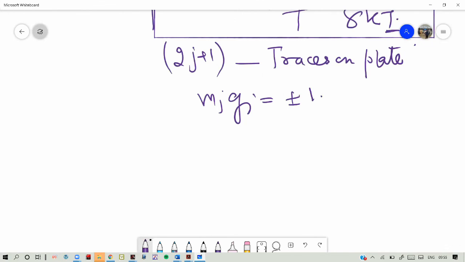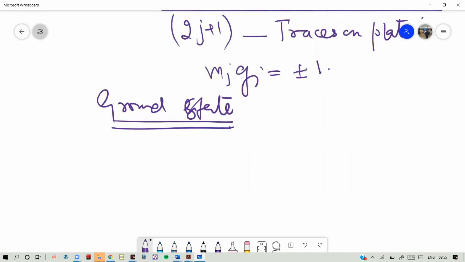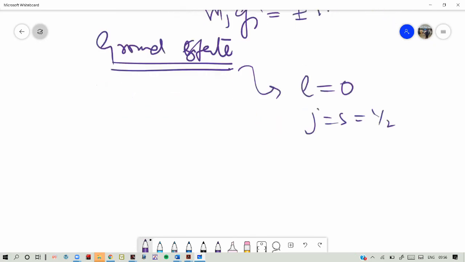And it was assumed that the silver atoms at such a high temperature are in their ground state, so no excited state. Silver atoms are treated in the ground state, and for that L is 0, J is S, which is 1 by 2, so 2J plus 1 will be 2. There are two components. There were two traces.